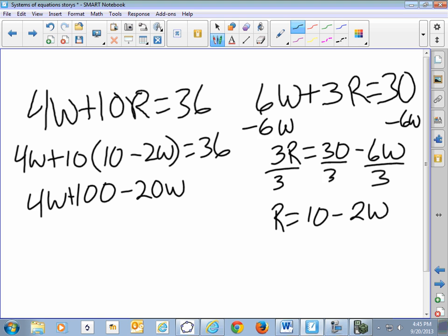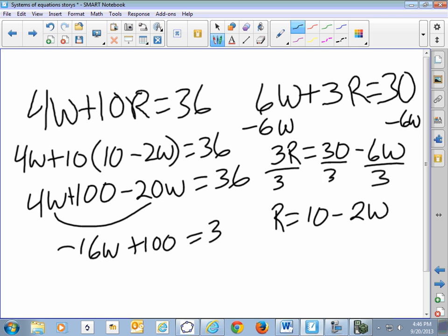So I'll put a plus and 36. So I'm going to combine like terms, and I get -16w plus 100 equals 36. Whoops, never mind. Let's subtract 100 from each side.